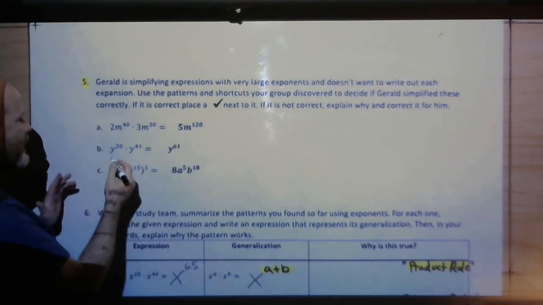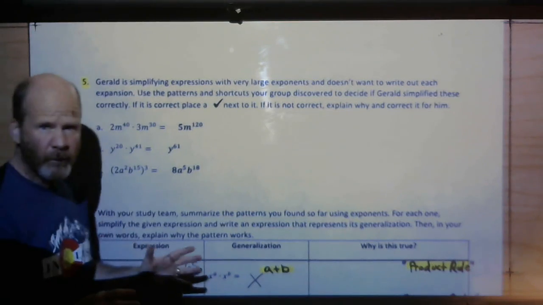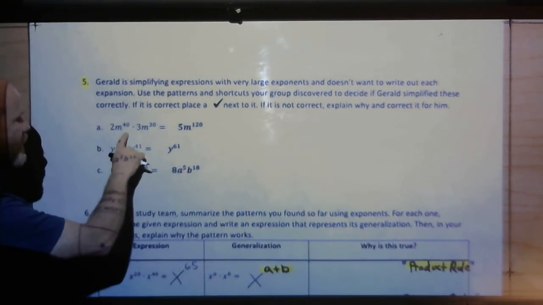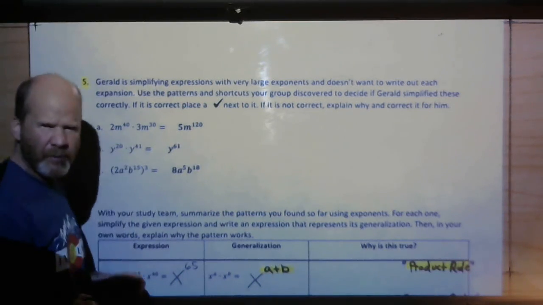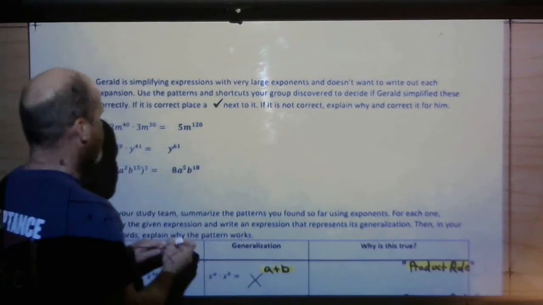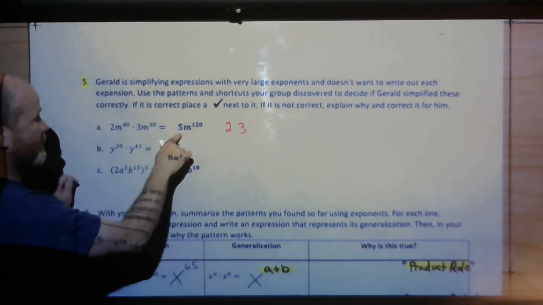Right away I can see that this is going to be the product rule because I don't see any parentheses, so it's not a power rule. This down here is probably going to be a power rule. And if we look, Gerald added 2 and 3. Now this is multiplication, so straight away we should know that 2 times 3 is not going to give us 5.